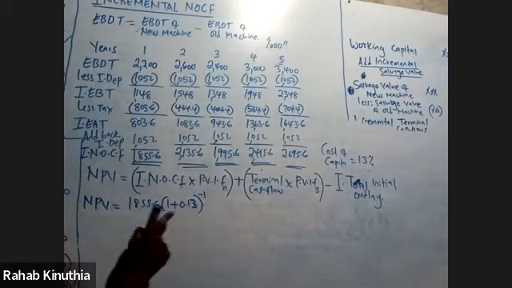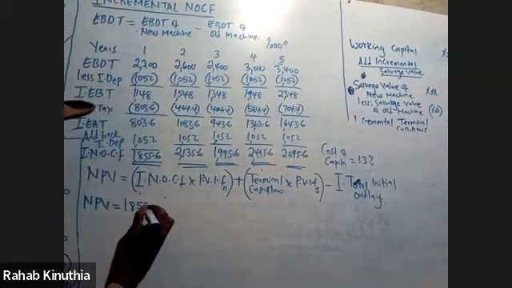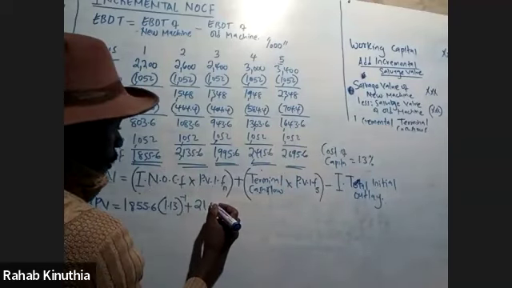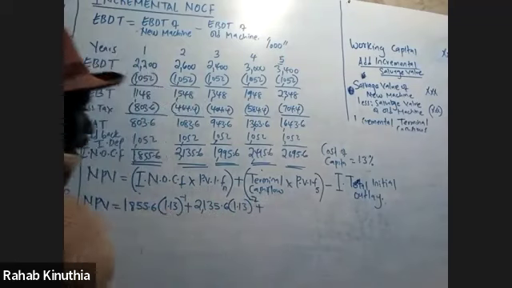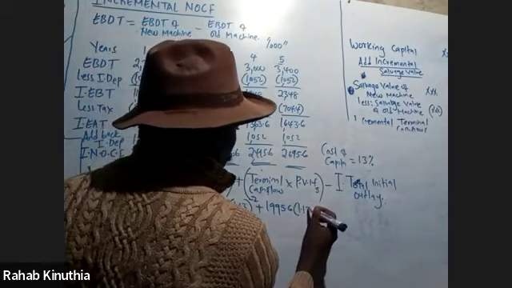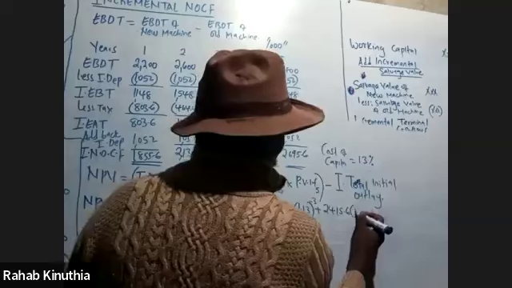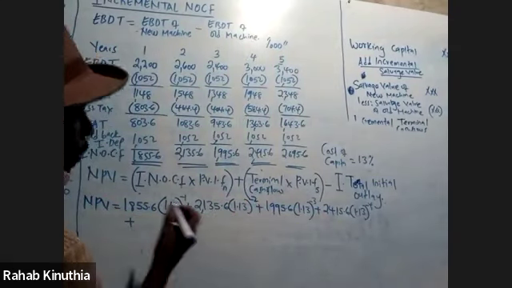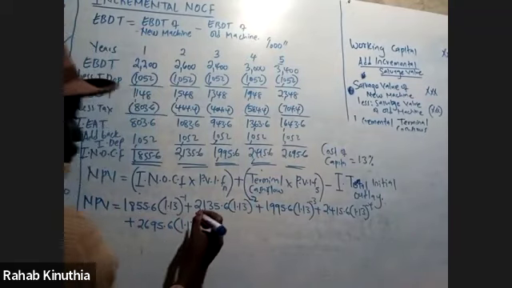So for year 1, -1. Then 2135.6 times 1.13 to the -2, plus next 1995.6 times 1.13 to the -3, then 2415.6 times 1.13 raised to -4, plus 2695.6 times 1.13 raised to -5.